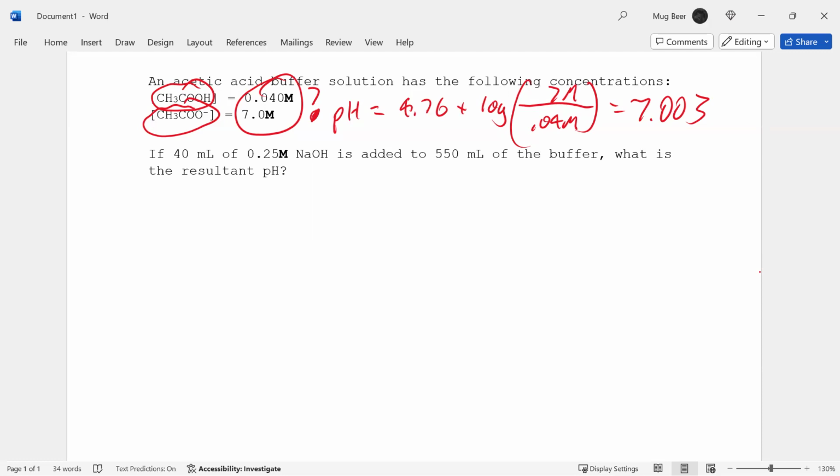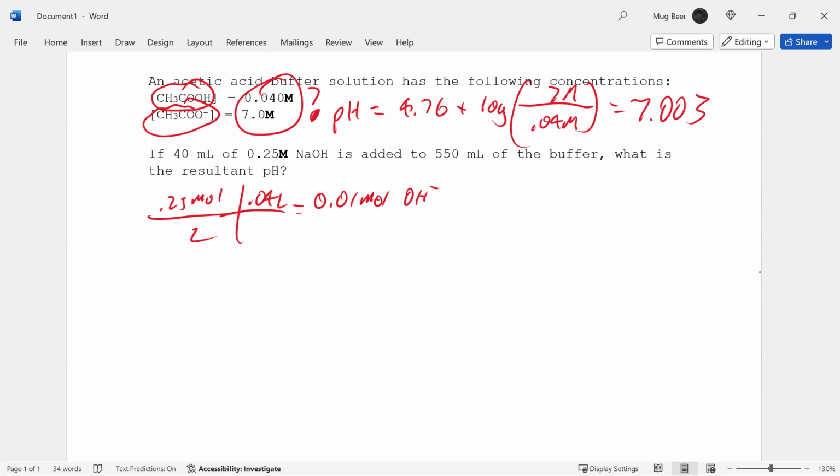So this 0.25 moles per liter and 0.04 liters gives 0.01 moles of the addition, the hydroxide.